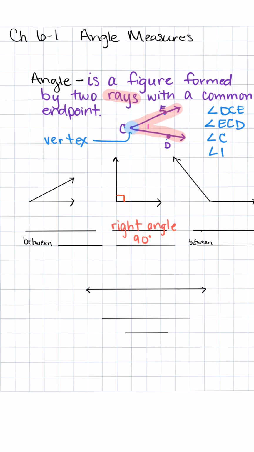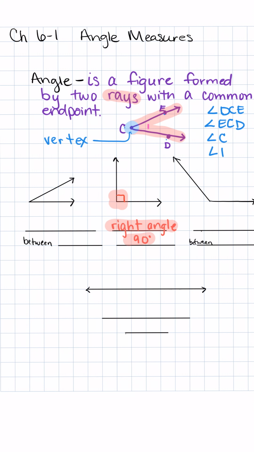You can always tell because it has this red, and it may not always be red, but there's a half a square right here in the middle. When you see that, you automatically know it is 90 degrees. Okay, that's a right angle.